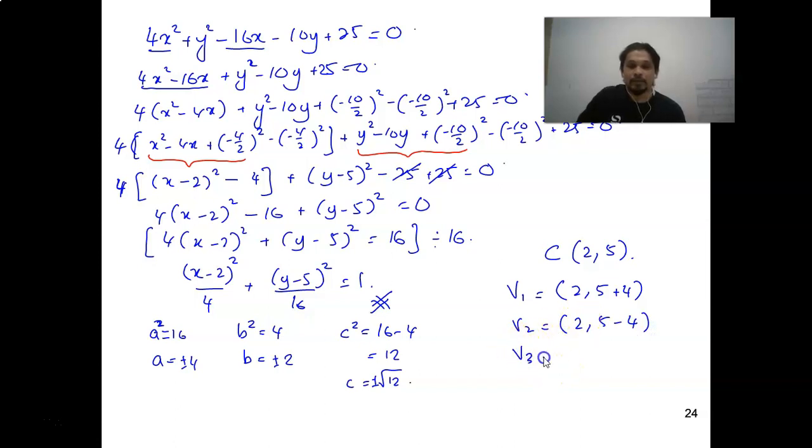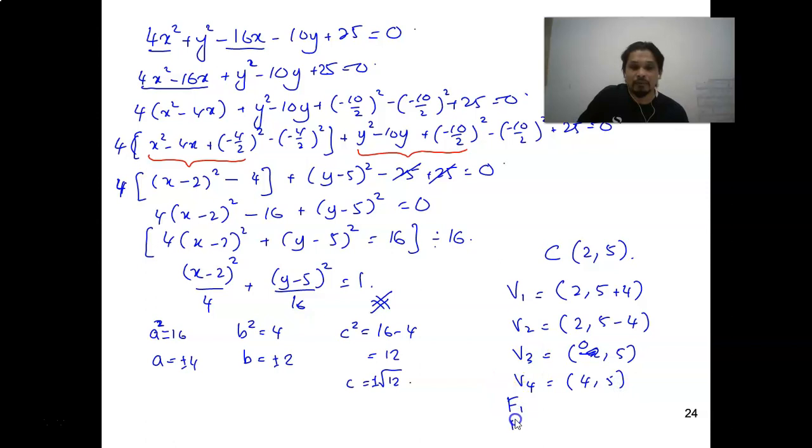V3 is the minor vertex, which is 2 minus 2 equals 0, so (0, 5), and V4 is 2 plus 2 equals 4, so (4, 5).